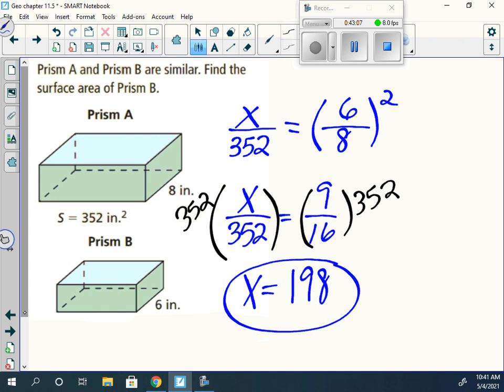9 times. 9 times 6 is 54. I don't think I did that right because 54. I wrote 45. Yep. That makes a little more sense. Drop the 8. 118.